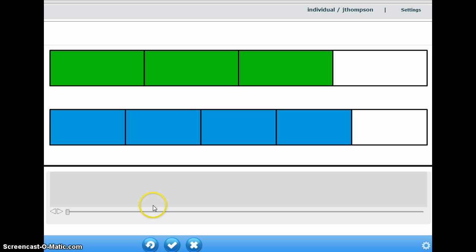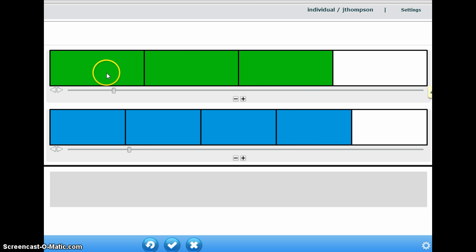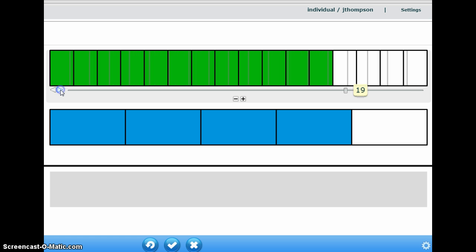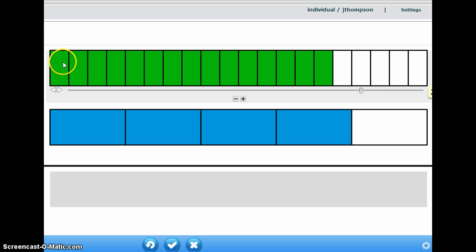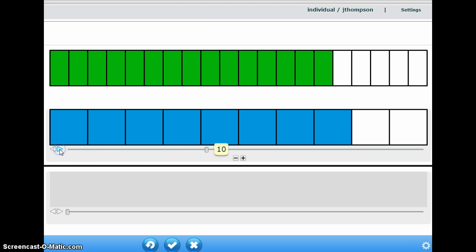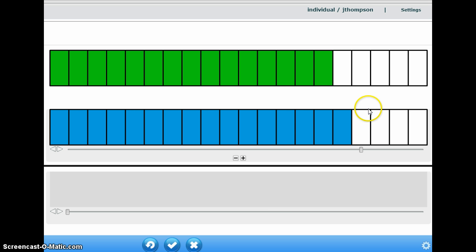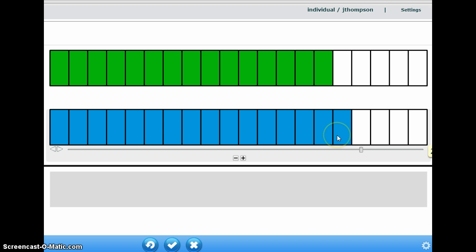Now visually, here's what it looks like. 3/4 and 4/5. I'm going to change 3/4 here. I'm going to change my denominator to 20ths. So I've now got 1, 2, 3, 4, 5, 6, 7, 8, 9, 10, 11, 12, 13, 14, 15 20ths. And 16 20ths.